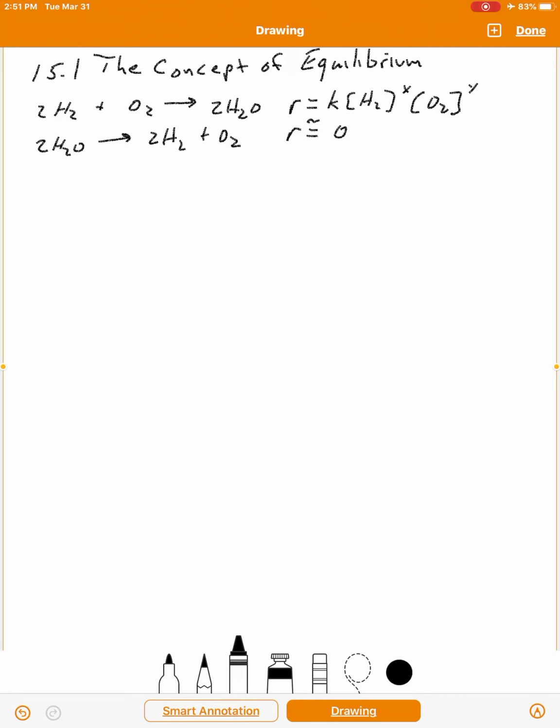The reverse reaction essentially doesn't occur. But now we're going to look at reactions where that's not the case. And this is the concept of what we call equilibrium. So some reactions are said to be reversible, meaning that the reaction could go in either direction and actually goes in both directions simultaneously.